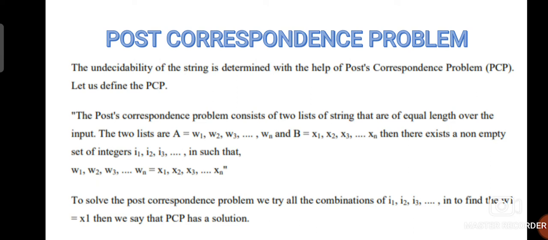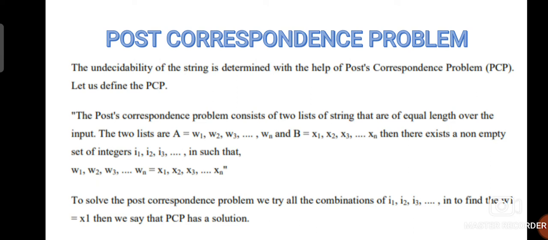We can see the formal definition. The post correspondence problem consists of two lists of strings that are of equal length over the input. The two lists may be of the format A equal to W1, W2, W3 up to Wn. A is one list having a sequence of strings.